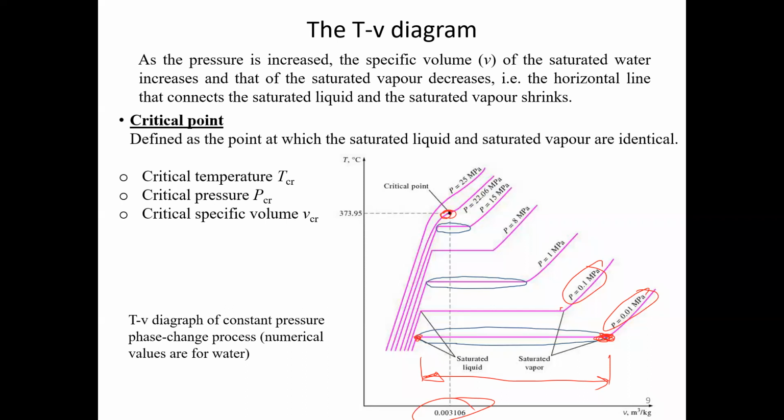While in the other cases before the critical point, we have a saturated liquid volume and a saturated gas or vapor volume. They are different, but when we go toward the critical point, both of them will be identical. Both volumes will be the same. Okay. So I don't know if this is clear for everyone.